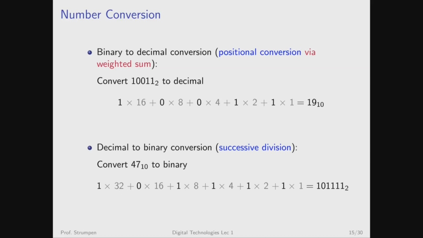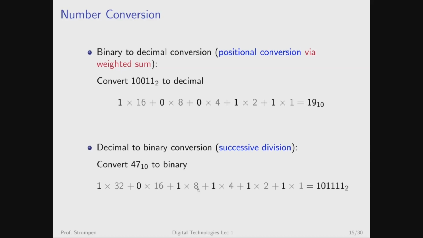And we continue dividing the remainder successively with the next smaller power of 2. 16, which is 32 divided by 2, is larger than 15. So it doesn't fit into 15, which means we have no 16.